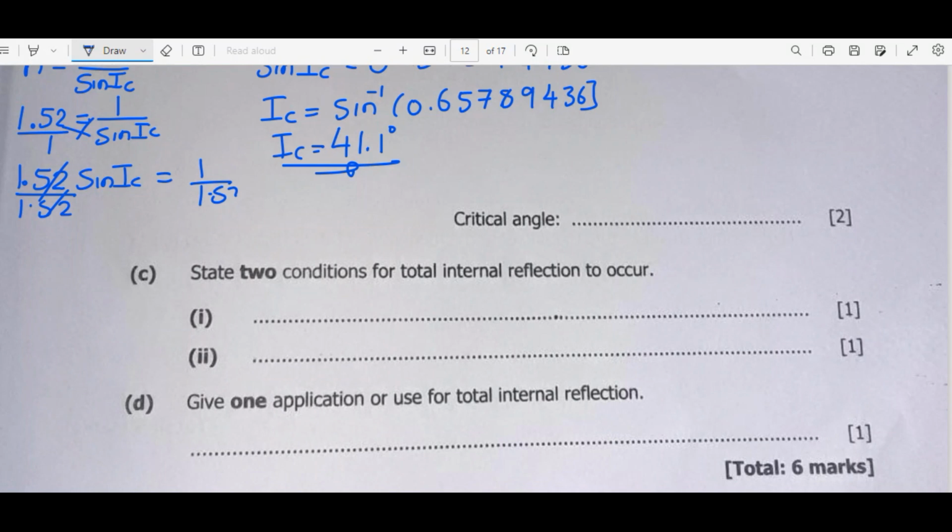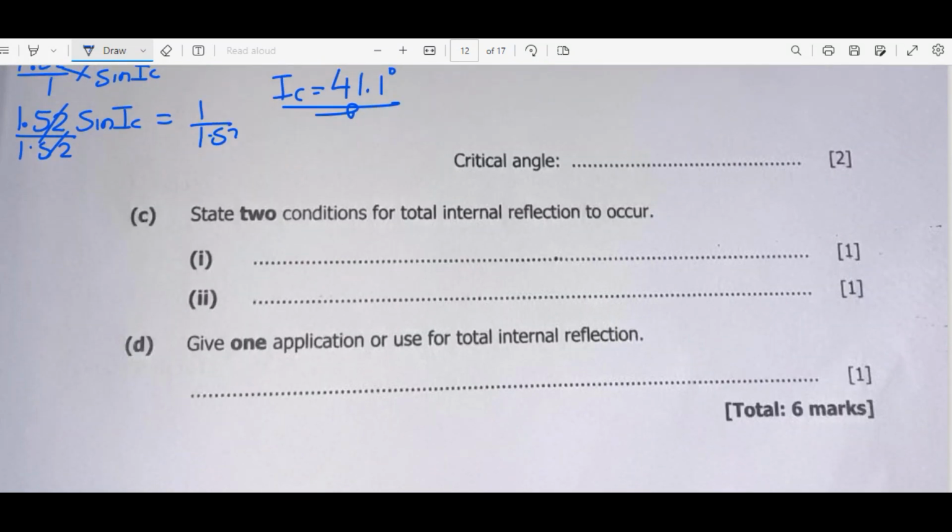Then we move on to question C. State two conditions for total internal reflection to occur. Total internal reflection is, let's say we have a glass or maybe water, then here we have the medium air. Let's say this is medium 1, this is medium 2.